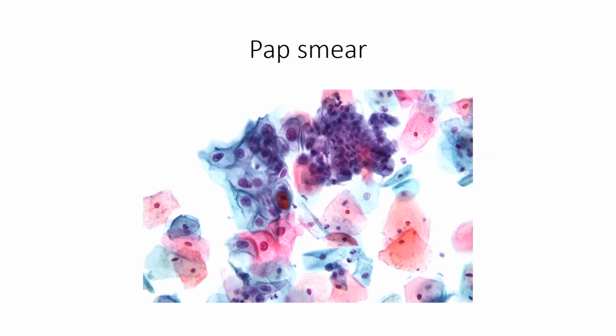Now this is the applied aspect, known as the Pap smear. In the Pap smear, we examine the cells collected or scraped from the vaginal and cervical mucosa, and this provides highly valuable diagnostic information of clinical importance, like early diagnosis of cervical carcinoma.